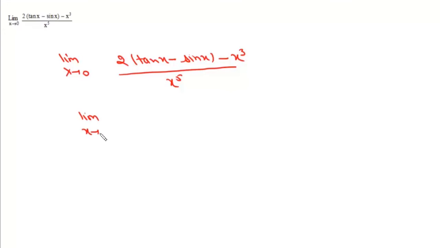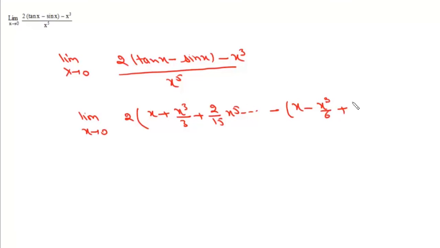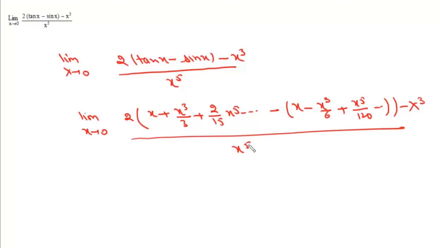So this is limit x tends to 0, and this is 2 into x plus x cube by 3 plus 2 by 15 x to the power 5, minus, now sin x is x minus x cube upon 6 plus x to the power 5 upon 120, and then minus x cube, whole divided by x to the power 5.